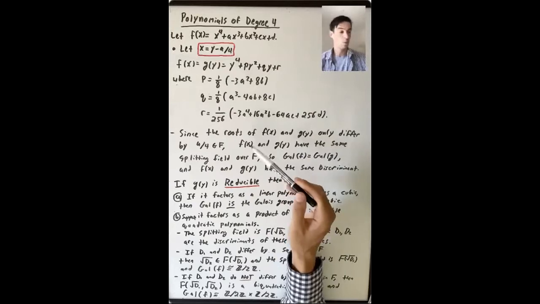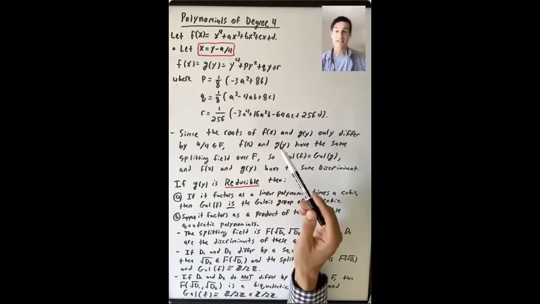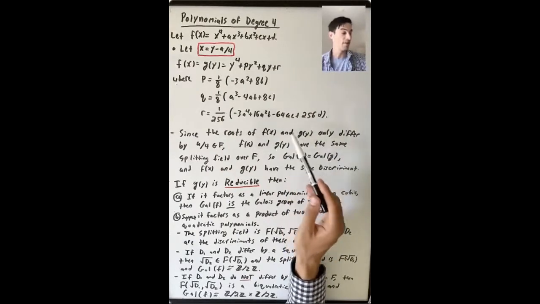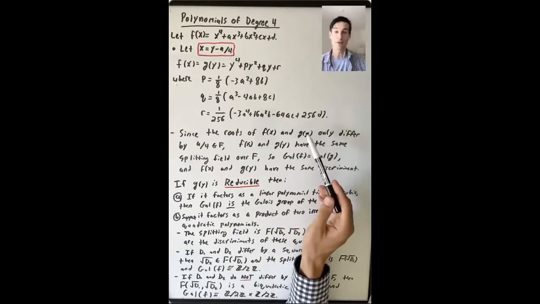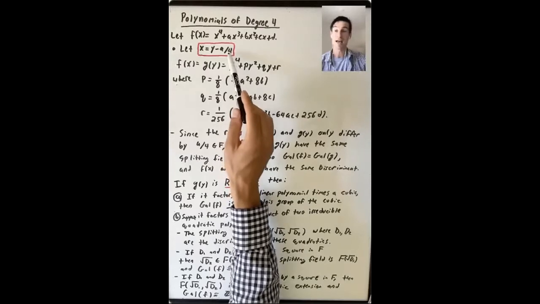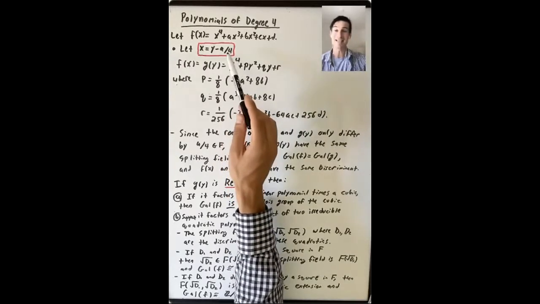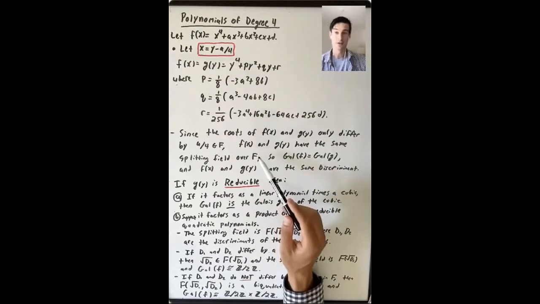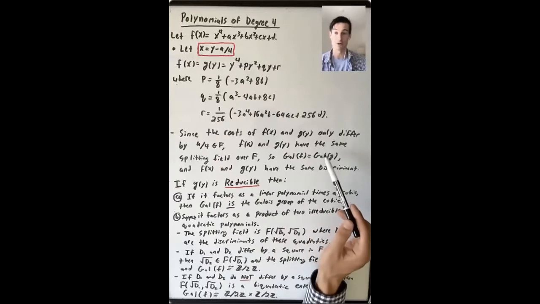And what's the point of doing this? It's the same as what we said for cubics, since the roots of f of x and g of y only differ by an element a over 4 that is in F, f of x and g of y have the same splitting field over F. So by definition, they have the same Galois group. And that's the thing that we're trying to figure out.